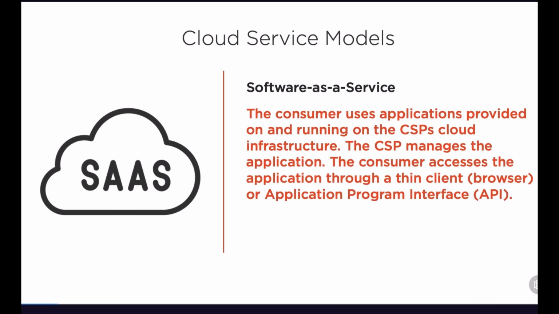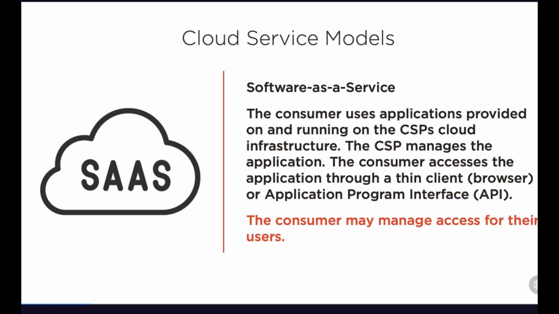The cloud service provider manages the application, say email or some type of, say, streaming for some type of media, and the consumer accesses the application through a thin client, say a browser, or some type of application program interface. The consumer may actually manage access for their users. If I have an account to watch some type of streaming, say for example shows on television, I may be able to share that or have a family joint account for access.